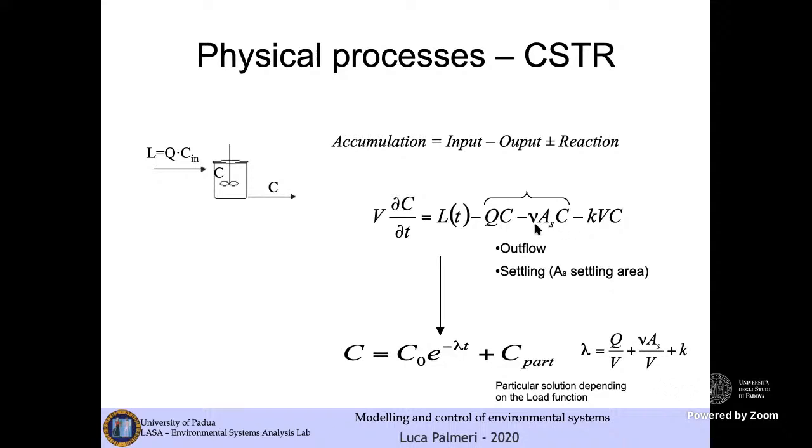This is the settling velocity times the settling area times the concentration, minus a transformation term that is represented by a K coefficient, a chemical constant, times the volume times the concentration. We have seen some examples.